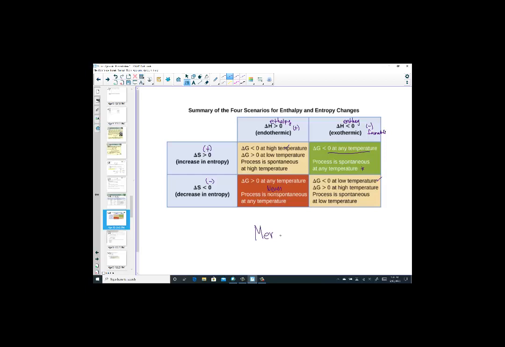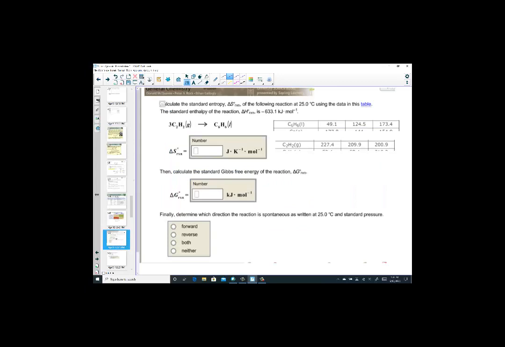You really should take some time and thoroughly study these 4 different scenarios so that you're ready to answer questions about conditions of spontaneity. What has to happen to the temperature in order to drive the Gibbs free energy to be negative, indicating a spontaneous reaction? And let's do some practice with these.